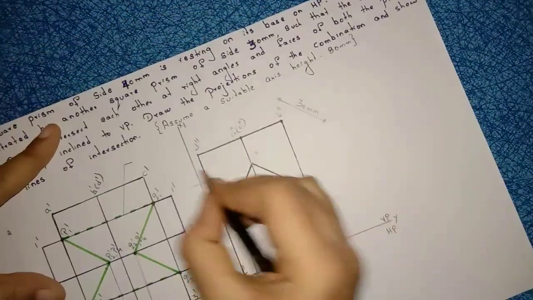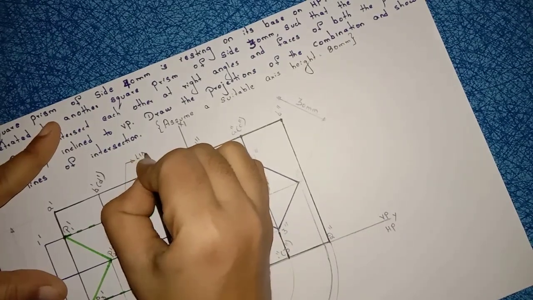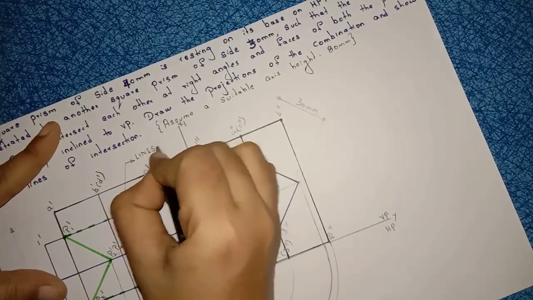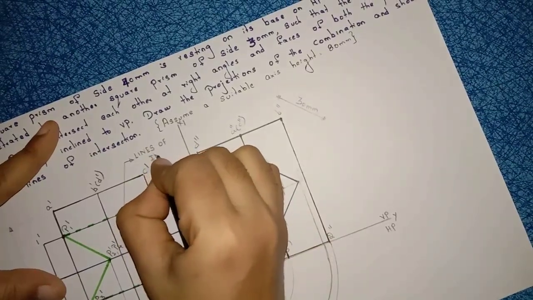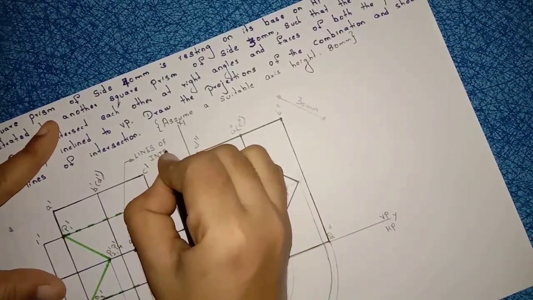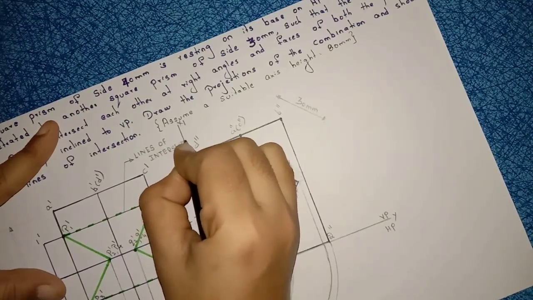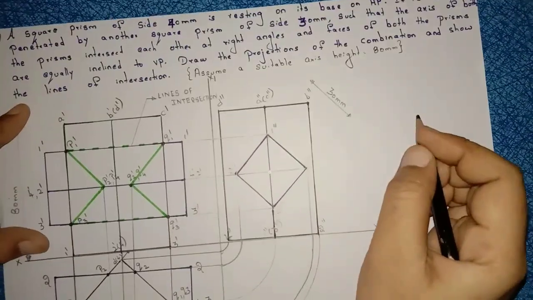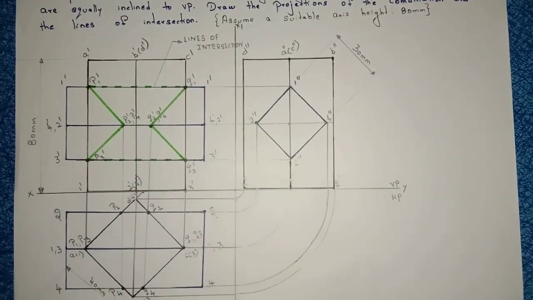Take height 5 mm and write down here lines of intersection, right? So this is your problem, square prism intersecting square prism.